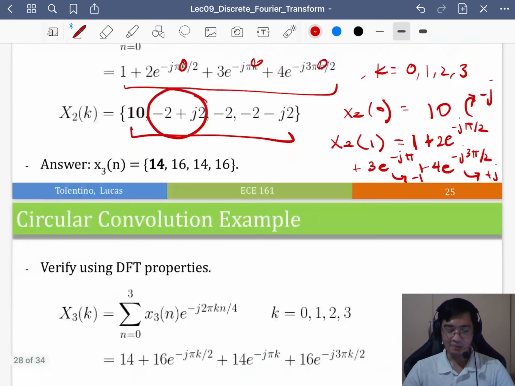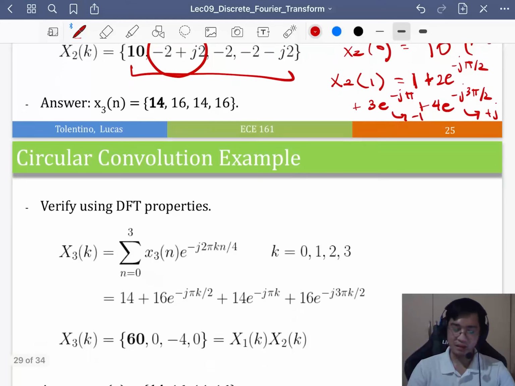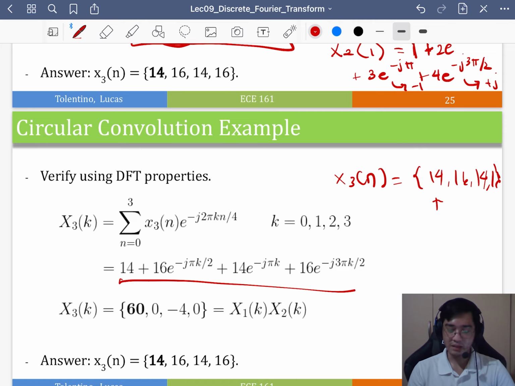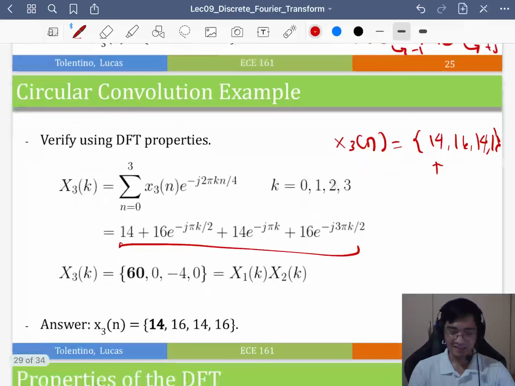Finally, x3 of k. If we could recall, x3 of n, what we've solved a while ago, is 14, 16, 14, 16. So we still have the same expression but different coefficients. Do what we've done a while ago, you get 60, 0, minus 4, 0.